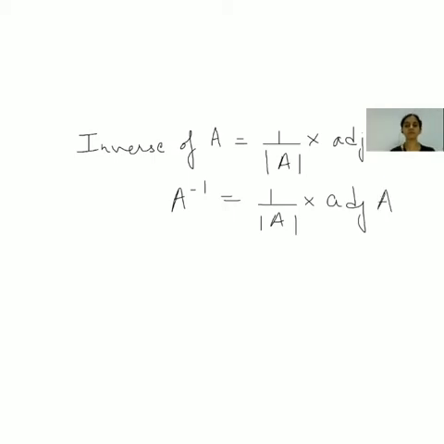So what is the first step in the adjoint method? First is to check whether it is a non-singular matrix; then we know that its inverse exists. Second is to find the minors of each of the elements. Third is to find the cofactors. Fourth is to make a matrix of the cofactors.